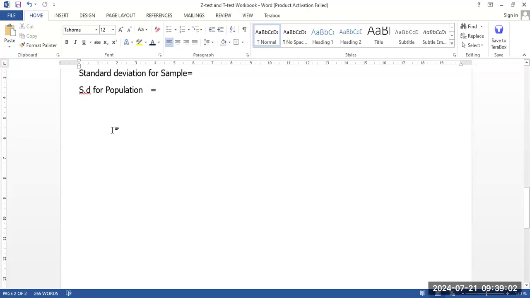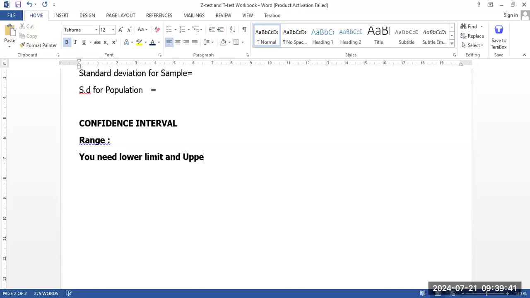Now with this background, we are going to start handling numbers. But as we handle numbers, we also have confidence intervals. Every time you see the word confidence interval, they are calling you to get a range, whereby you need the lower limit and the upper limit.